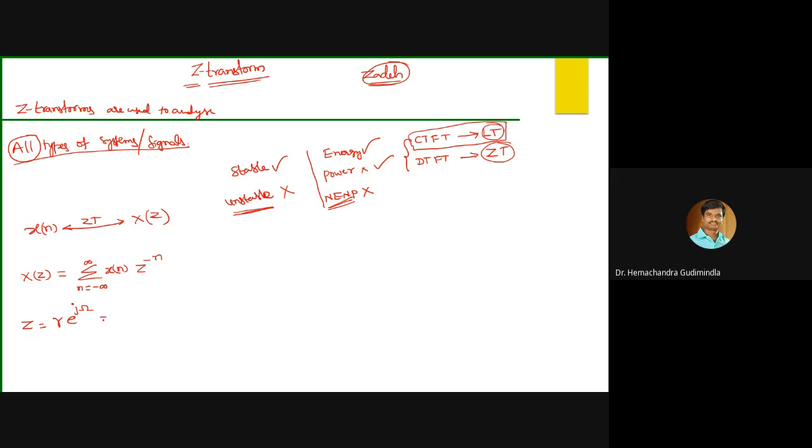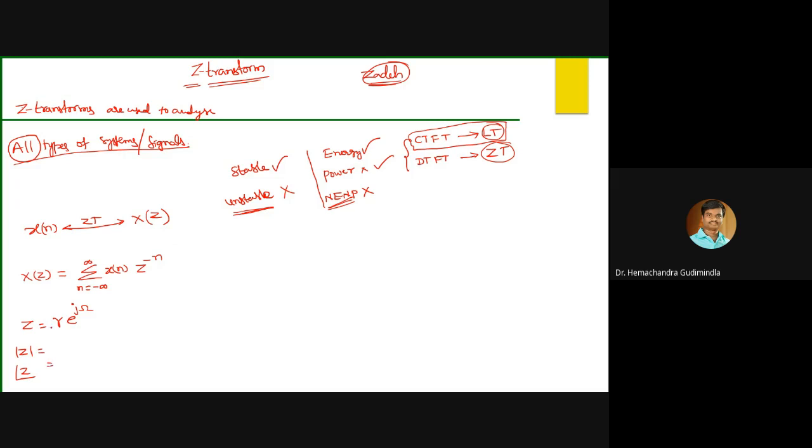If I expand this, r e power j omega becomes r into cos omega plus j sin omega. Anyway, that is not required for us. Here it involves two terms: one is the magnitude of z, another is the angle of z.